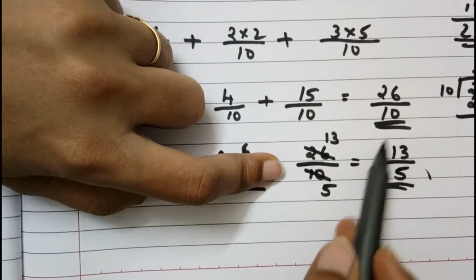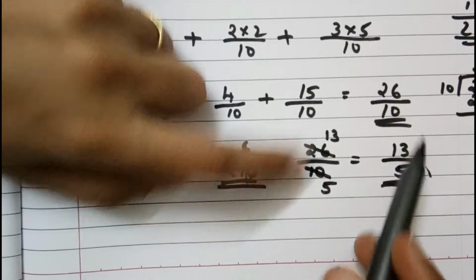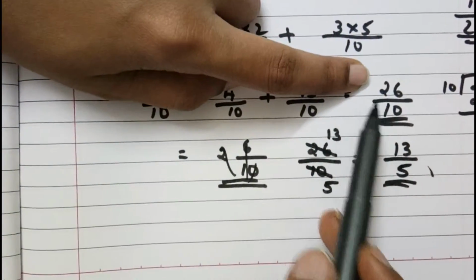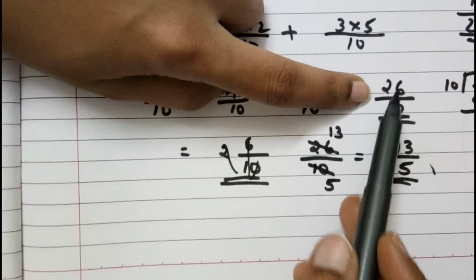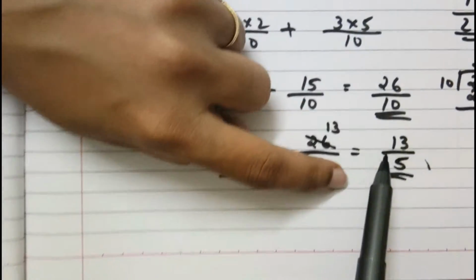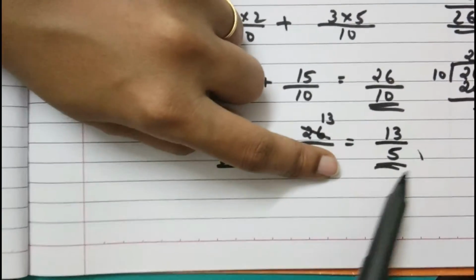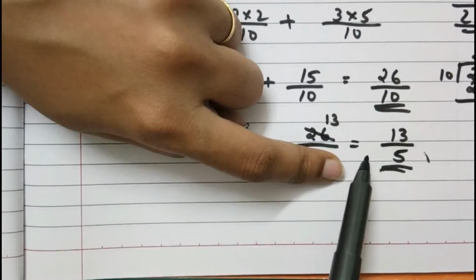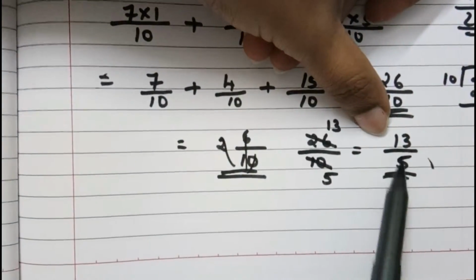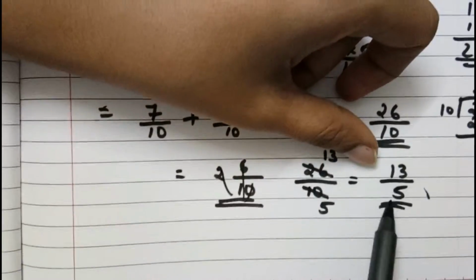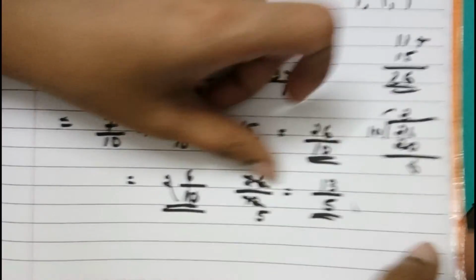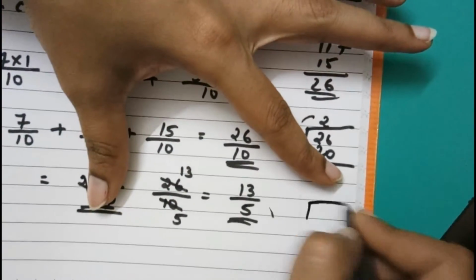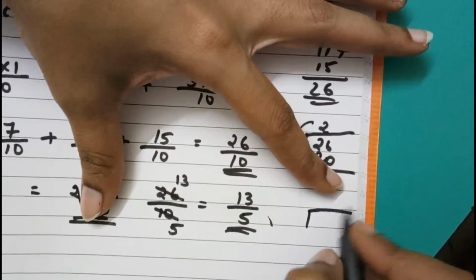Now since this is an improper fraction, we can write this as the answer, but since there is something which can be reduced, we always need to find the reduced version of it. Okay. So here 13 by 5. Now since this is an improper fraction, let's convert it into a mixed fraction.